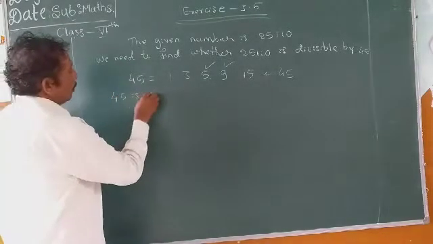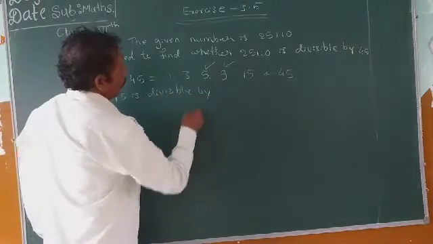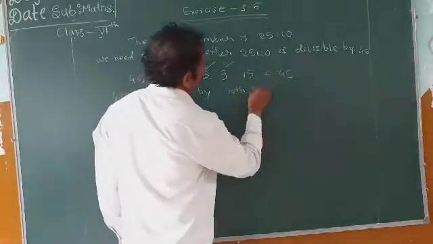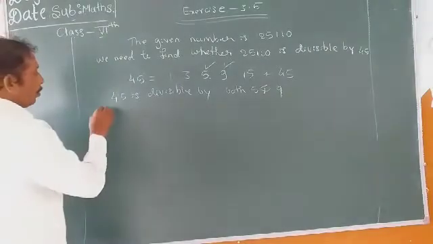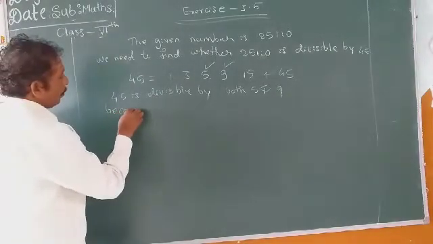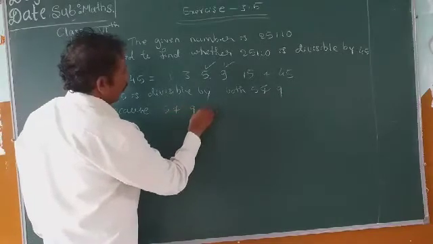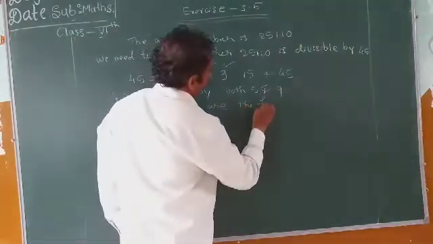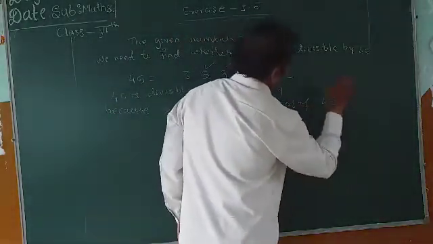45 is divisible by both 5 and 9 because 5 and 9 are the factors of 45.